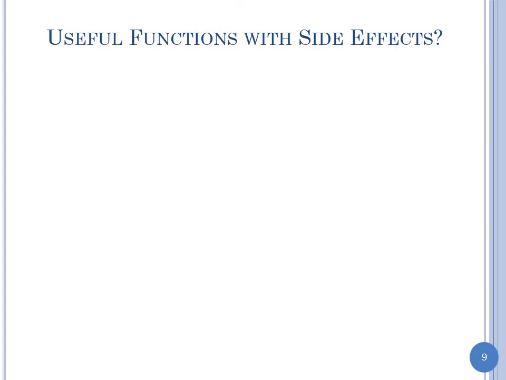Have you ever implemented or used a function with side effects? What's a function that everybody has used maybe? Setters don't return values. But if it's a procedure, by definition a procedure has side effects.